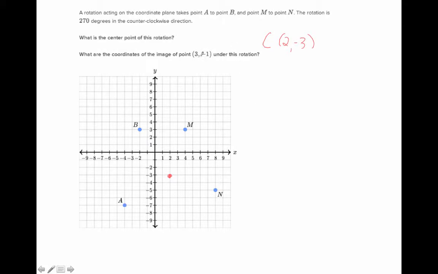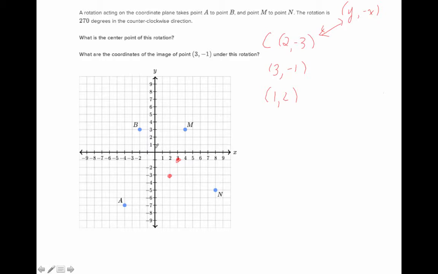So we're looking at the point (3, -1), and remember (y, negative x) is our standard rotation, like if we were doing it from the center. These are the two things to keep in mind. So I'm going to translate the point over. The point (3, -1), from the center, is (1, 2).